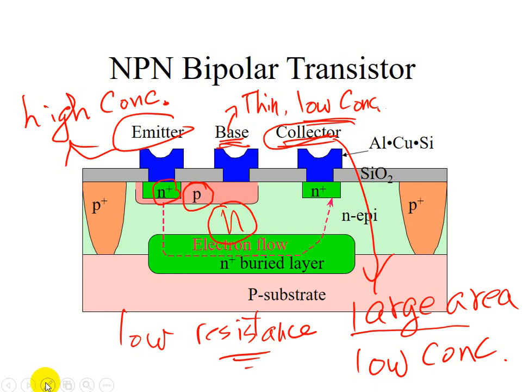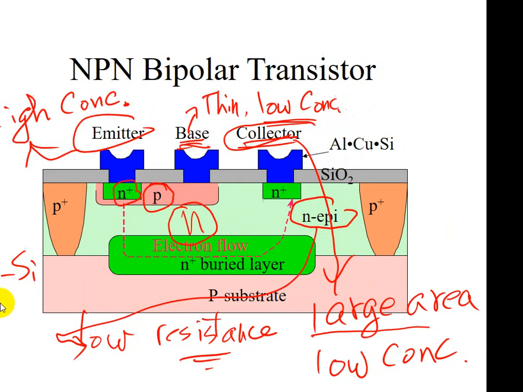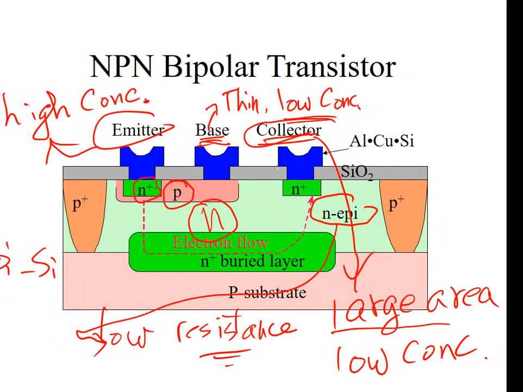The extra low resistance basically comes from this area, the so-called epitaxy, EPI, epitaxy silicon.